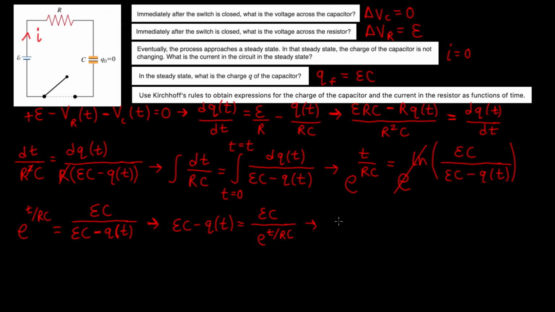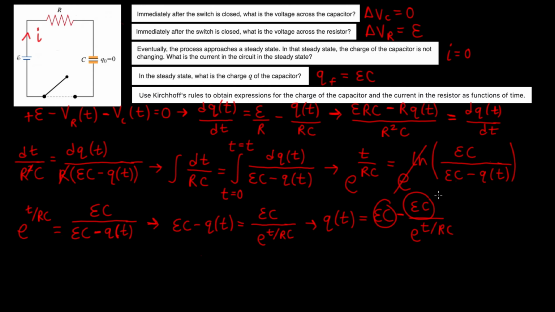And if we do all of that, we get the following expression, that q of t is equal to the voltage on the battery times C minus the voltage of the battery times C divided by e raised to the power of t over RC. Now notice how both of these terms on the right-hand side have variables in common.